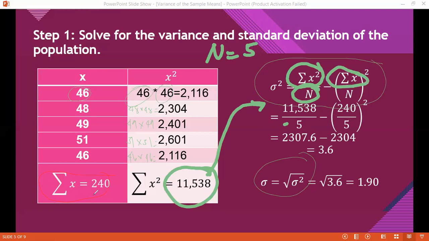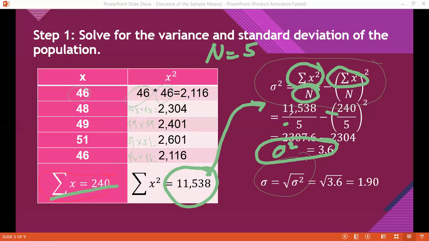The value of the summation of x is 240. So that became 240. Then just proceed to calculating it. Then you will have variance equal to 3.6.